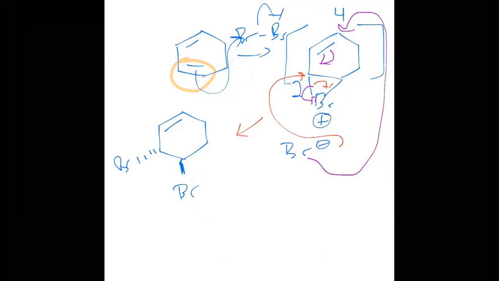So what does that product look like? Let's see. We can figure that out. It'll be one at the top and one at the bottom. So you've got the 6-member ring here. The double bond moves to here, and you've got a bromine here and one here.